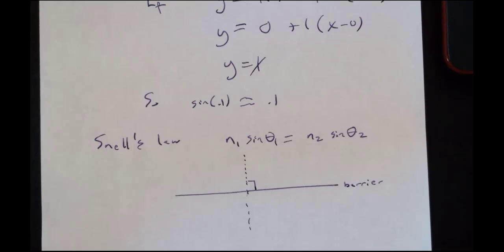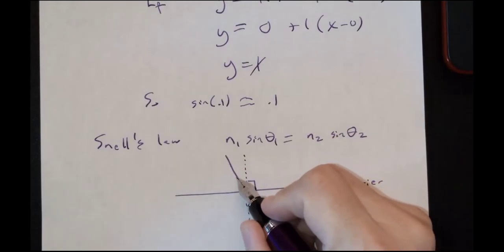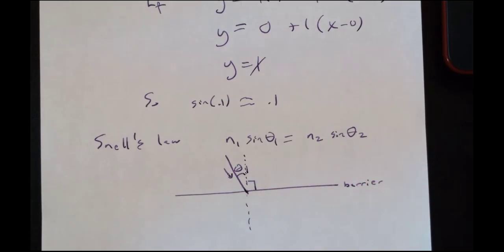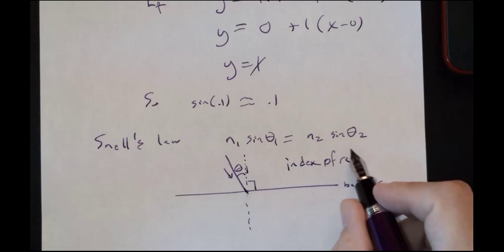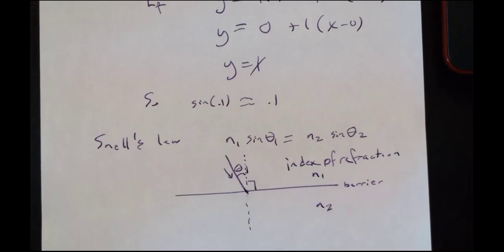Picture some barrier. In our case, a piece of glass. Light comes in at some angle, theta 1, hits the glass. What happens? It bends. It refracts. Now, depending on the two indices of refraction, n1 up here and n2 down here, this angle will change.